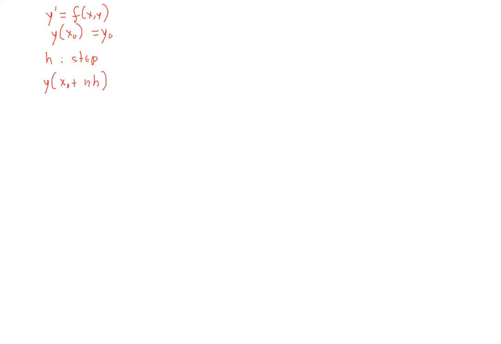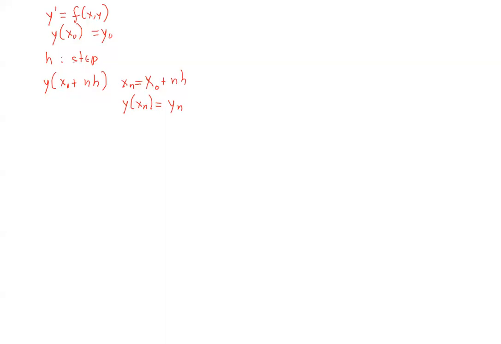Okay, so the idea, to make it easier for us, let's call x naught plus nh, let's call this xn. And let's call the value of the function at xn, let's call it yn.